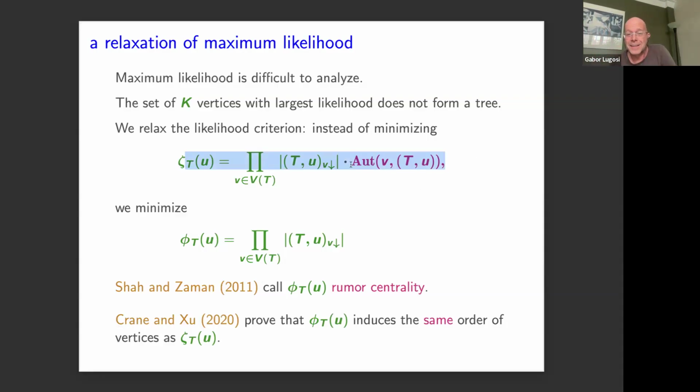So in fact, these automorphism factors are not important. We ignored them, but actually it was correct to ignore them. We don't lose anything by doing that.